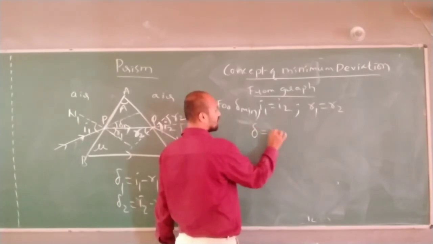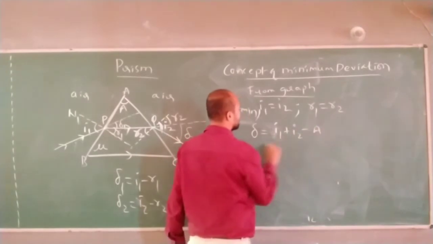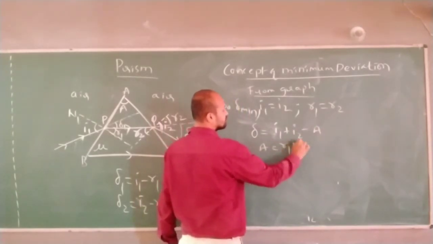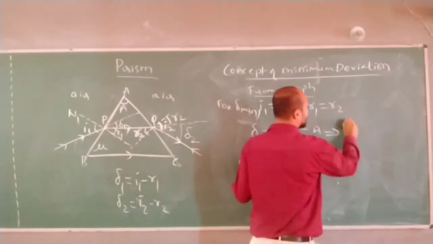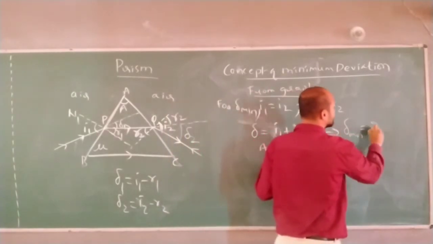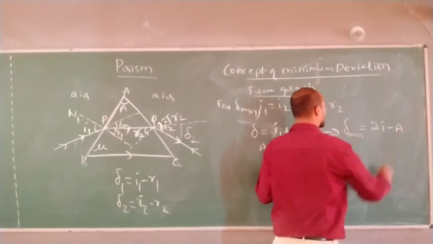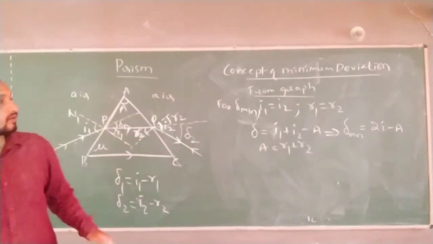So what is the formula of δ? I1 plus I2 minus A, where A is R1 plus R2. In this case, δ minimum will become 2I minus A. Why?